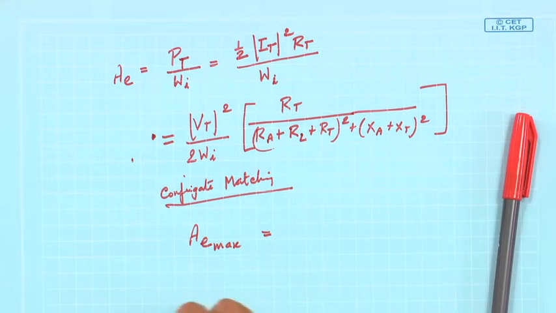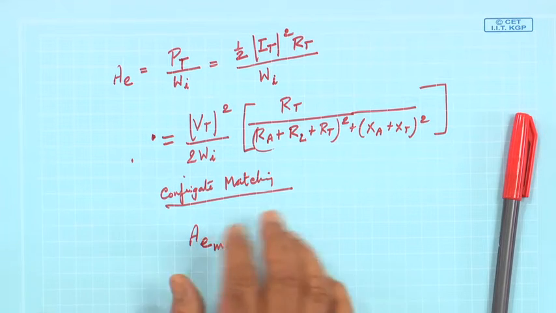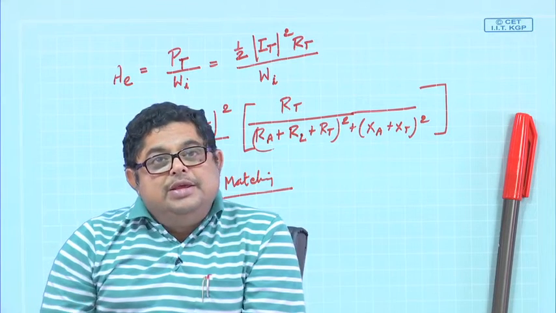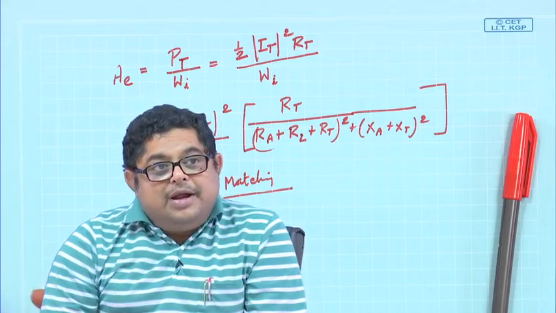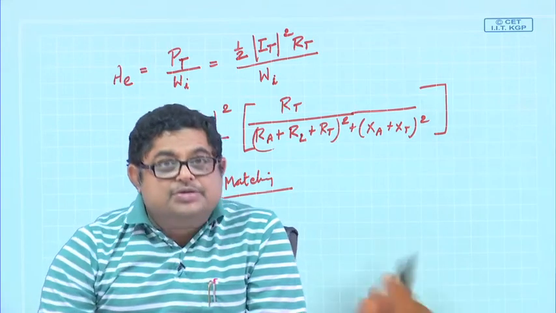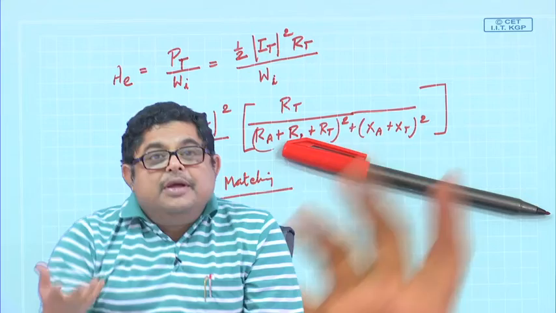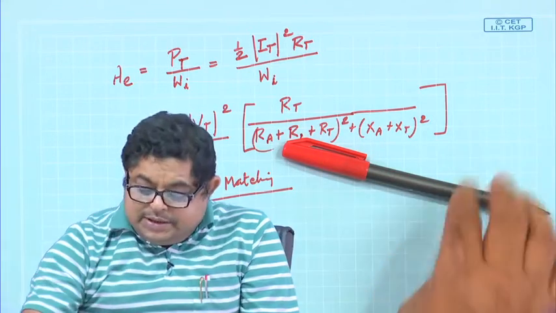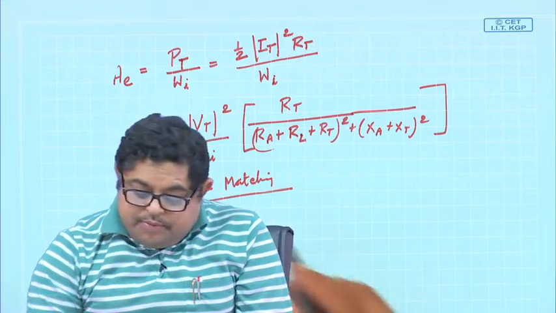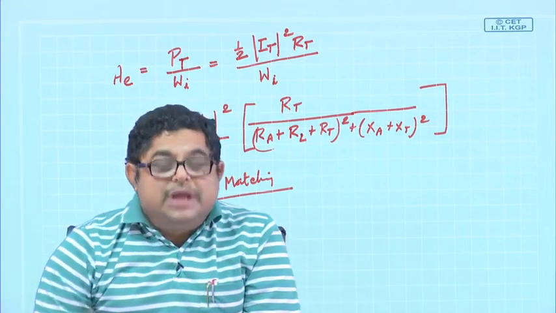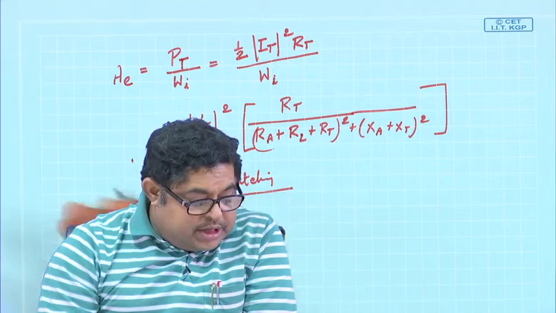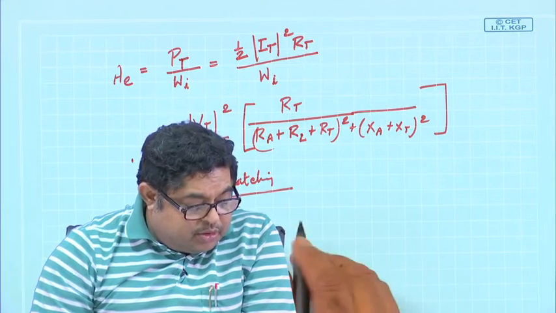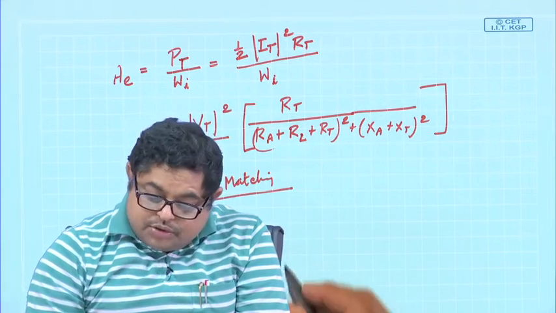You see that it is an electrical concept, that under conjugate matching the AE value is changing. Under conjugate matching its value is changed to maximum. So, AE of an antenna is not a fixed thing, but it changes if you have matching with the external generator impedances, load impedance etc.